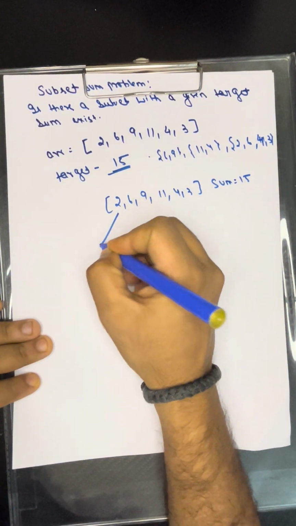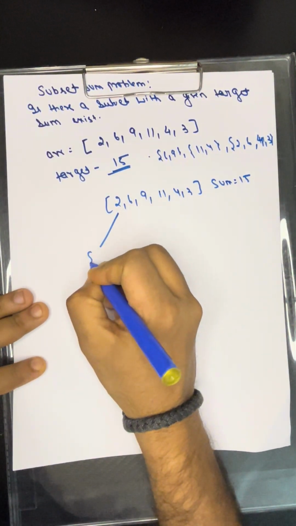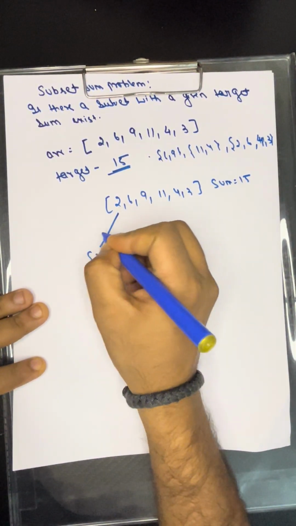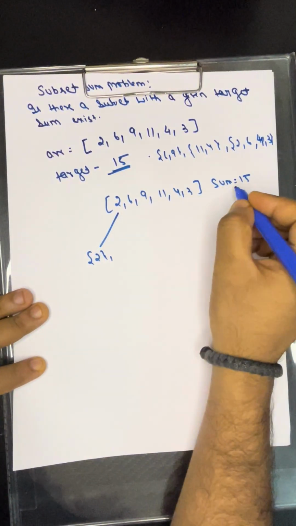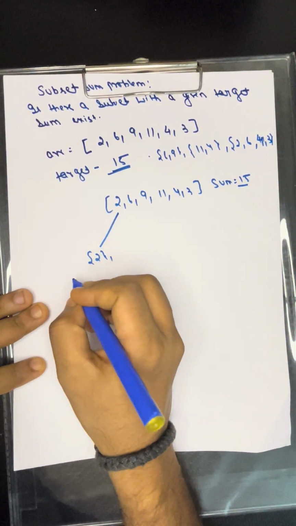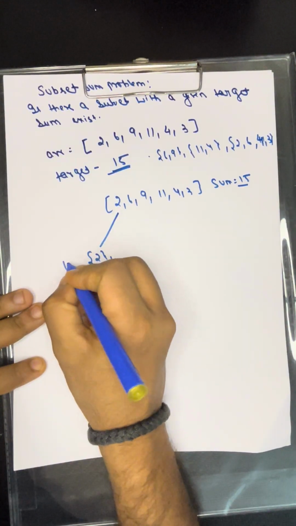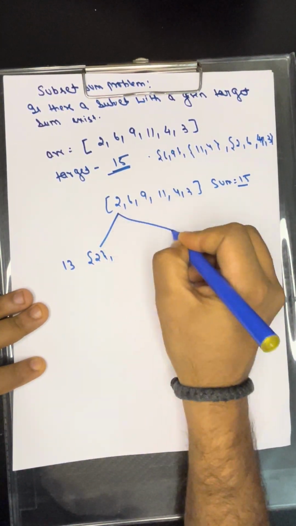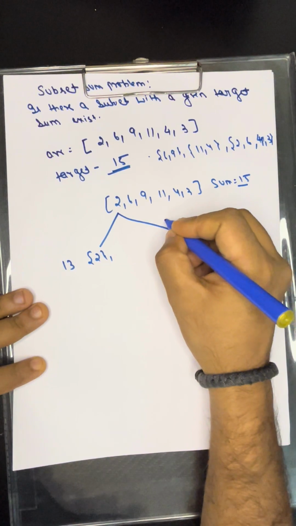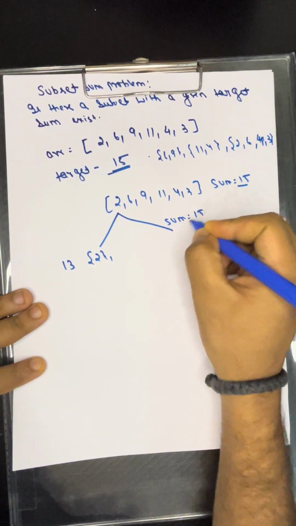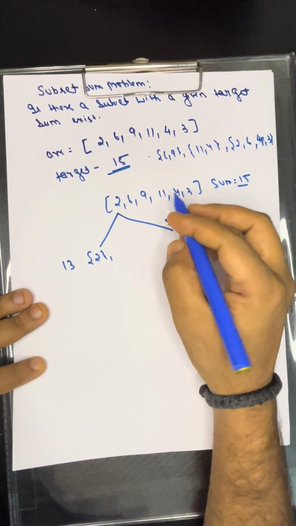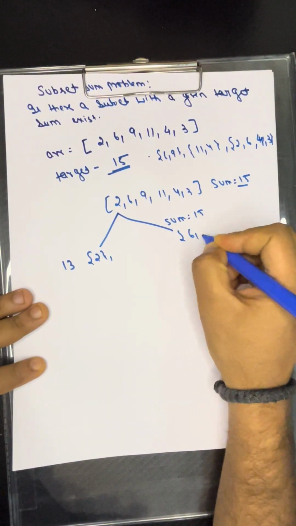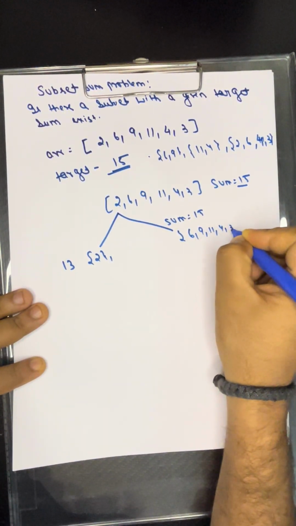If we take 2, then the sum we have to find is 13. If we reject 2, then the sum is 15 and the rest of the elements are 6 9 11 4 3.